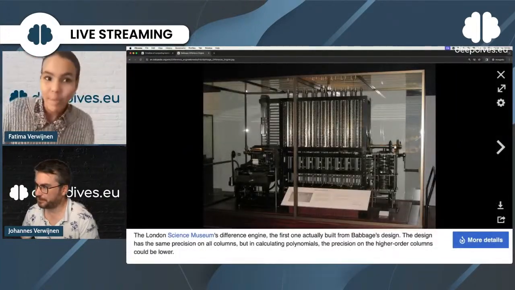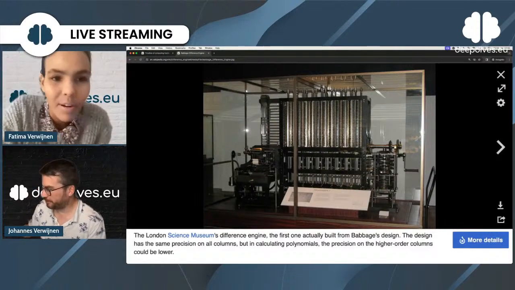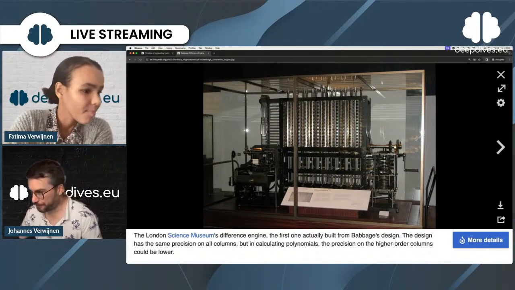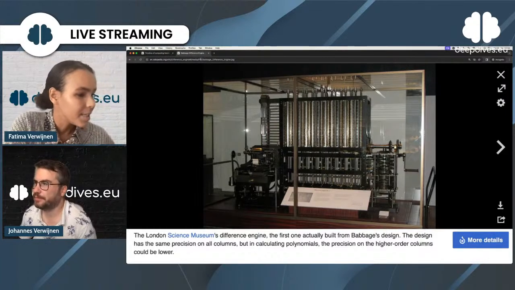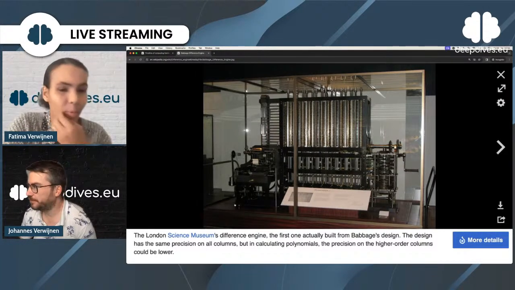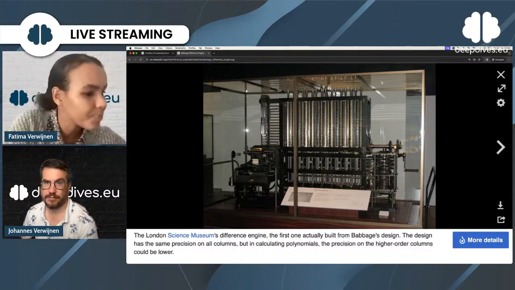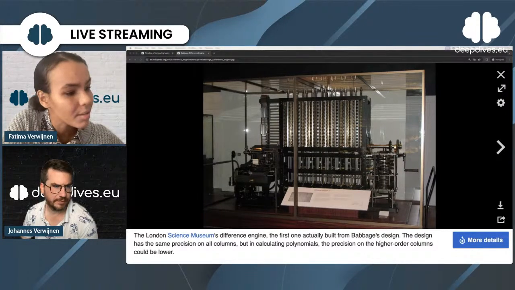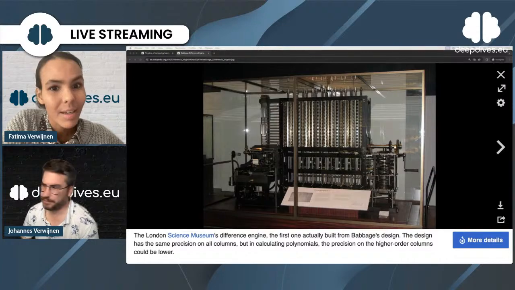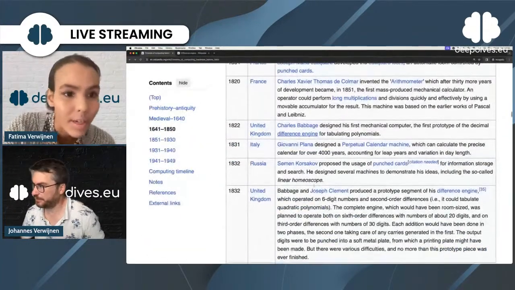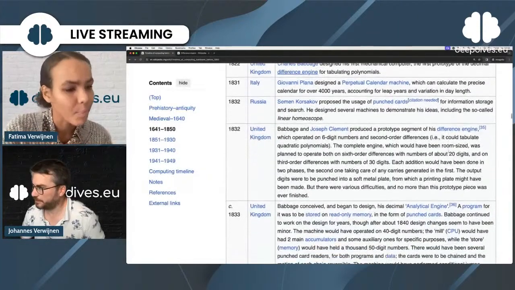So Charles Babbage was actually known as the father of the modern computer, and he came up with something very remarkable, very advanced. He called it the analytical engine, and it was the first computer that could, in theory, be a general purpose computer.